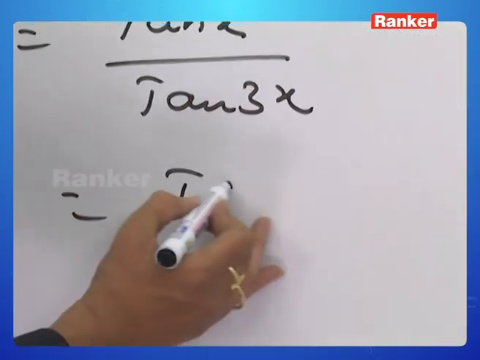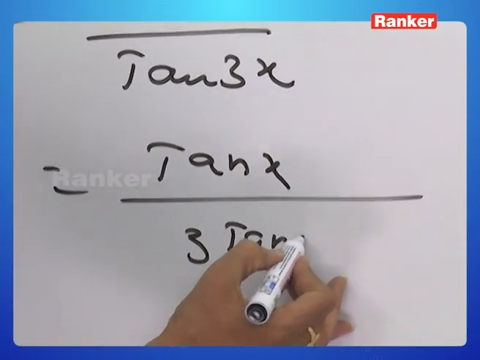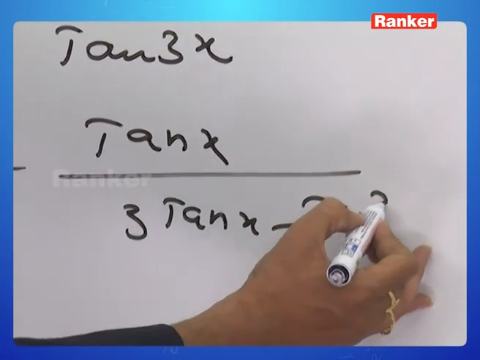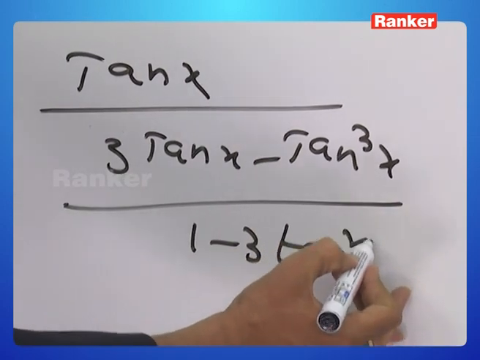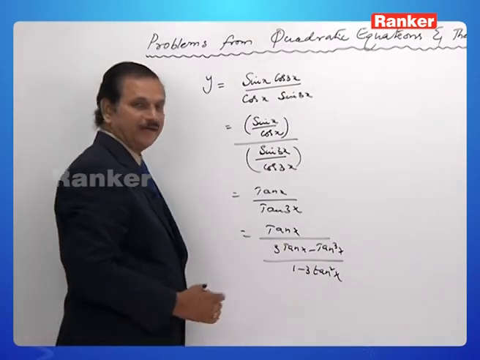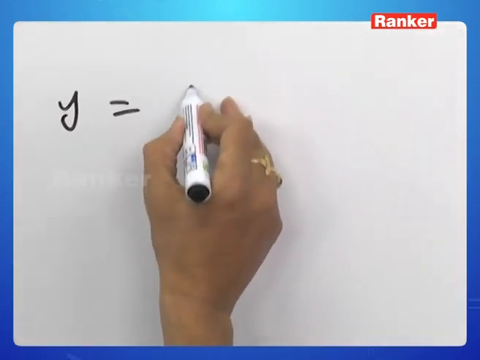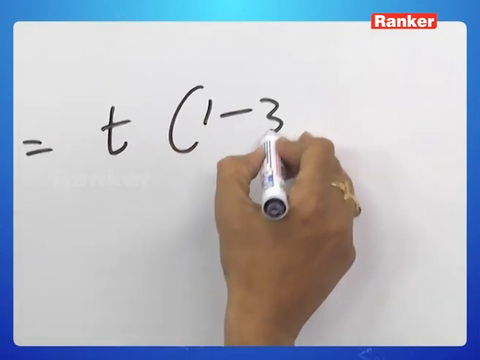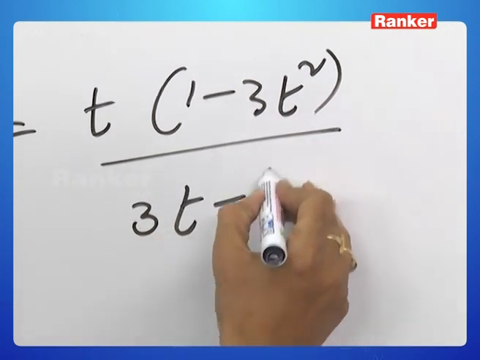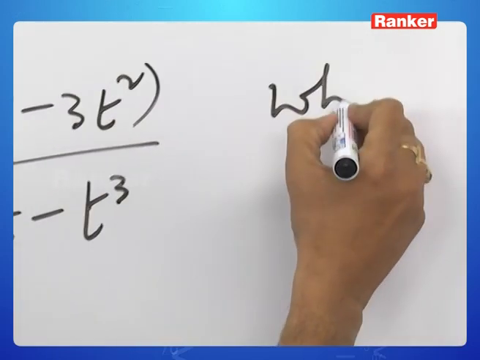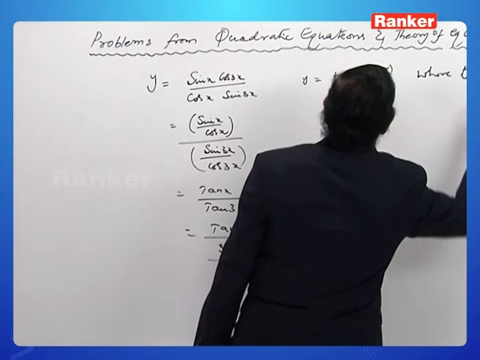Now, this can still be simplified as 3 tan x minus tan cube x by 1 minus 3 tan square x. This is y, that is y is equal to t into 1 minus 3t square by 3t minus t cube, where t is equal to tan x.